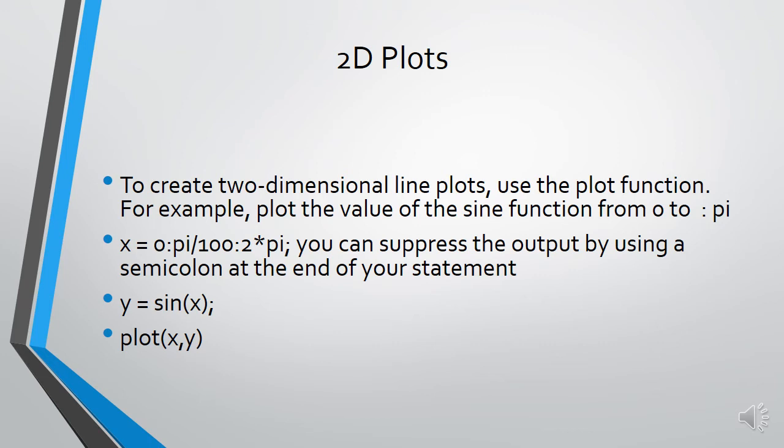So now you will have all possible values of y and all possible values of x within the space 0 to 2 pi. You can now plot your x, y using the plot keyword, which is a reserved word in MATLAB that will plot the sine wave for you. Go ahead and try that.